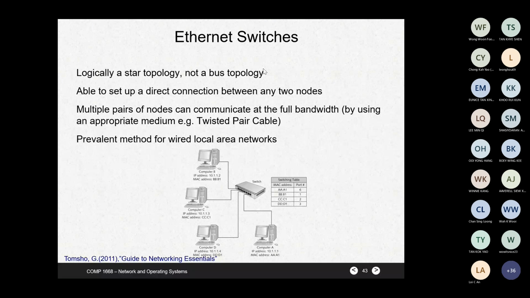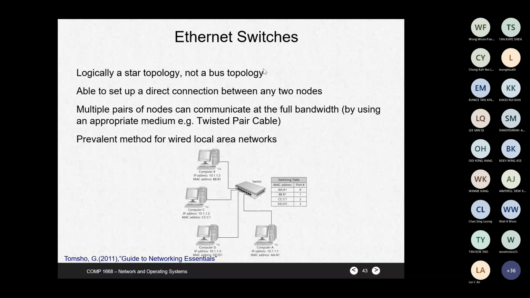Twisted pair cable is UTP cable or STP cable. So, unshielded twisted pair or shielded twisted pair. UTP is unshielded twisted pair. STP is shielded twisted pair. I'm not going to tell you the difference between UTP and STP.